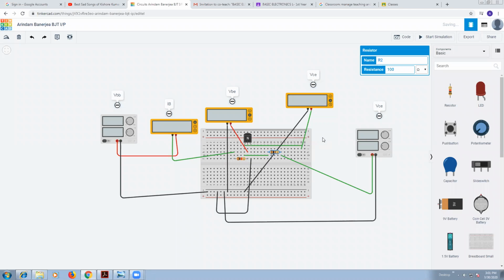Including 0 volt, there will be 25 readings.